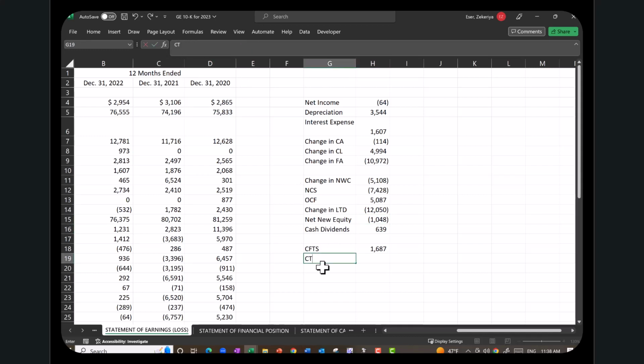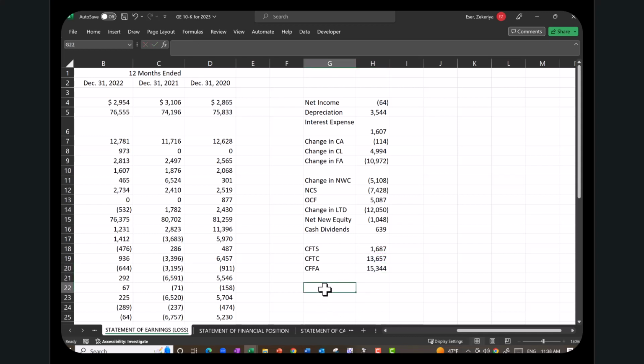Cash flow to creditors: interest expense minus change in long-term debt. And cash flow from assets is the sum of the two.